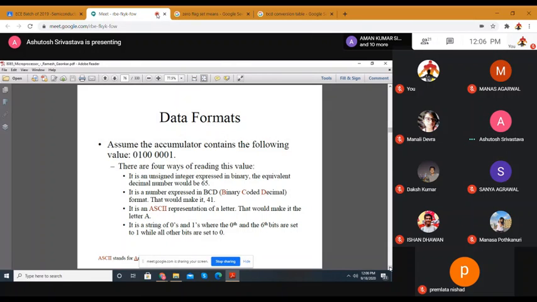The second question is to perform the subtraction of the data stored in registers B and C, and store the output in the external memory location 4000H. Okay, all of you start.